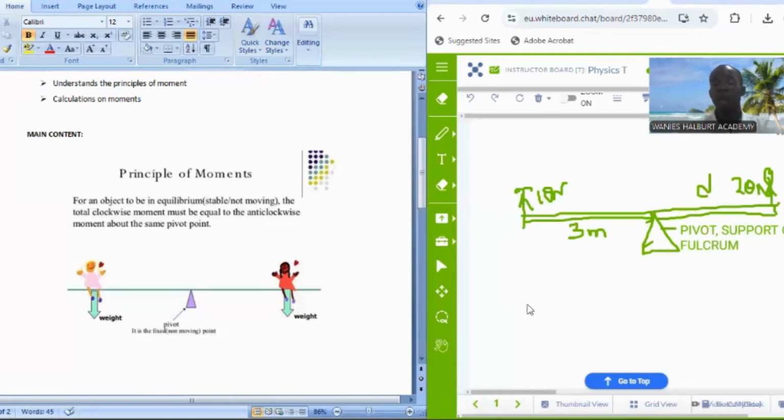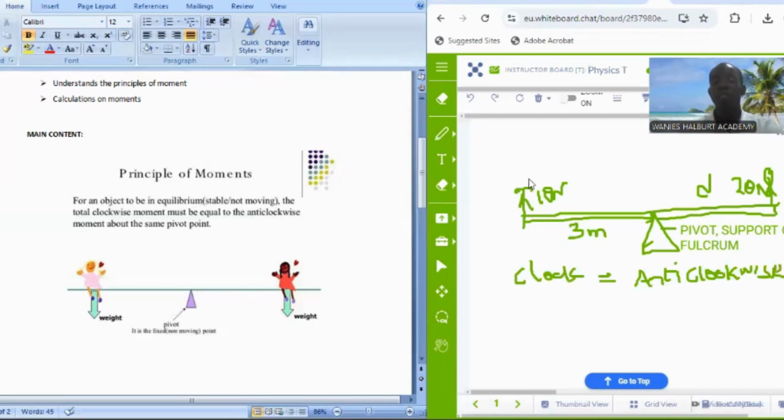According to the principle of moment, the clockwise moment is equal to the anti-clockwise moment. So this is the mathematical expression of the principle of moment.